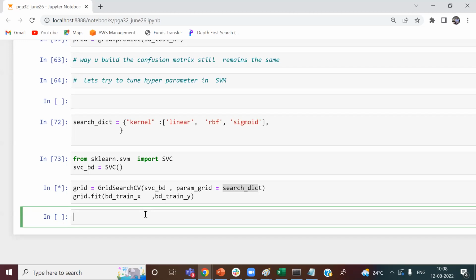So my model is still running. Run हो रहा है अभी भी? Okay.